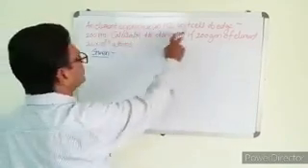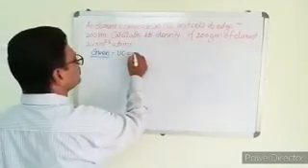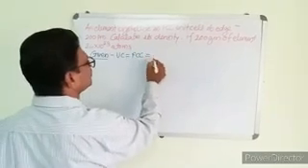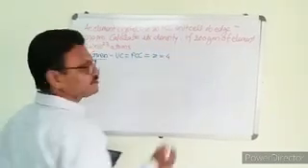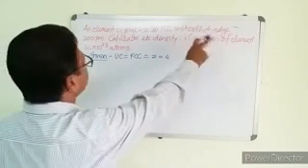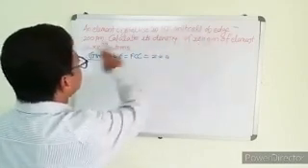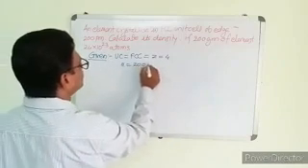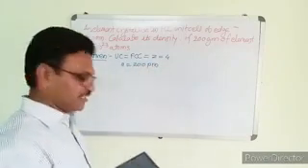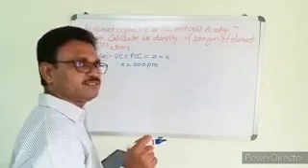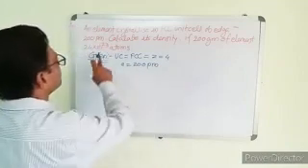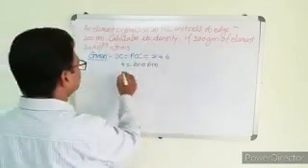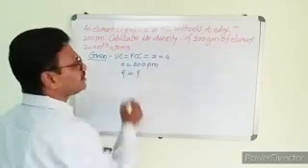An element crystallized in FCC means unit cell is FCC, so Z is equal to 4. Then edge length is A, and that is equal to 200 picometer. Then calculate its density, means rho we have to calculate.